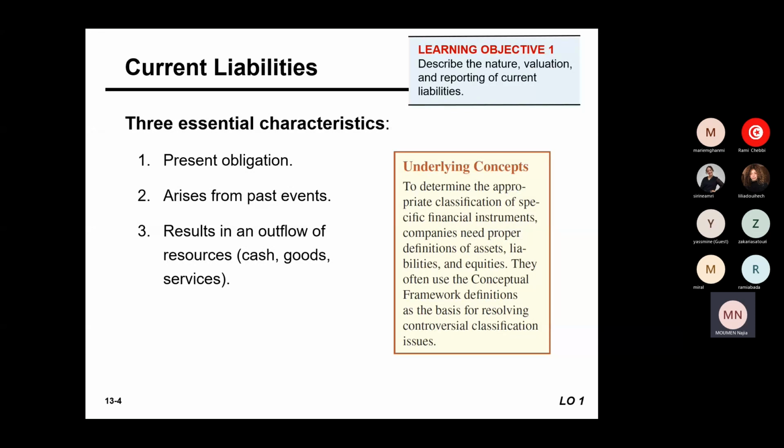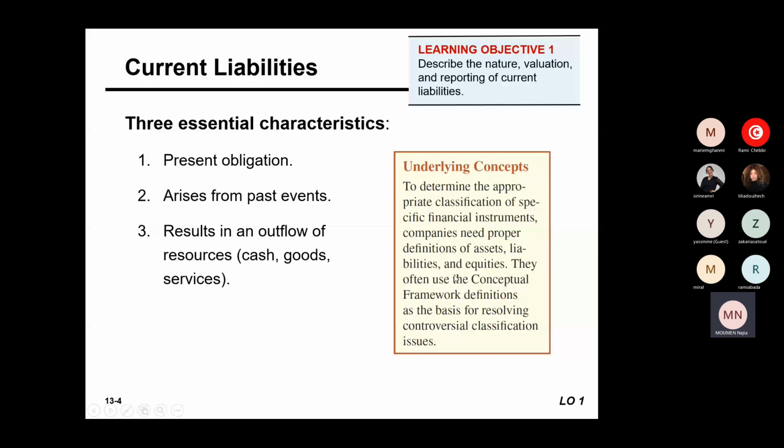Again, this is a general definition of a liability. It is a present obligation. That's important. You have a present obligation, and this obligation arises because of past events, you made a transaction in the past, etc. And when you settle that present obligation, you will incur an outflow of resources in the form of a decrease of cash, or a decrease of any other type of asset.